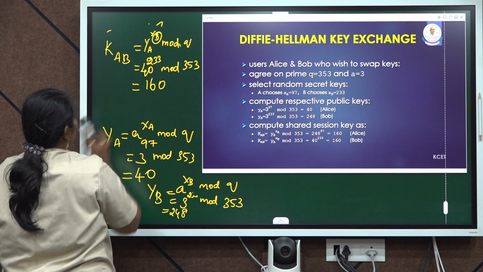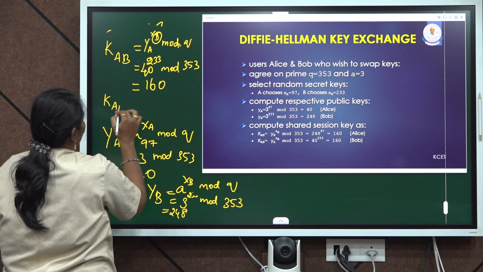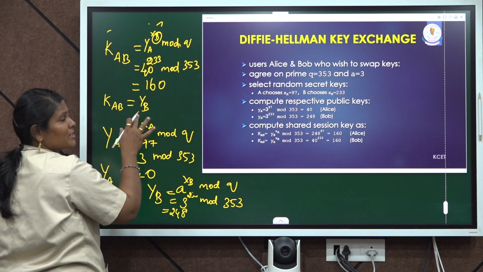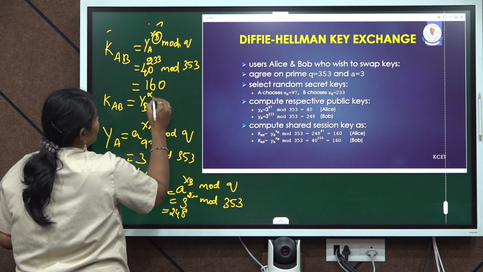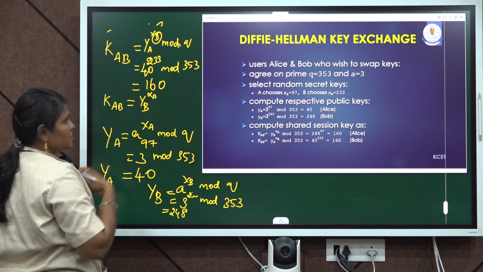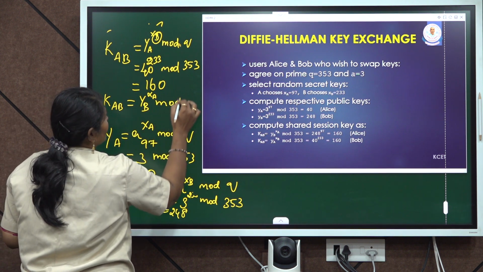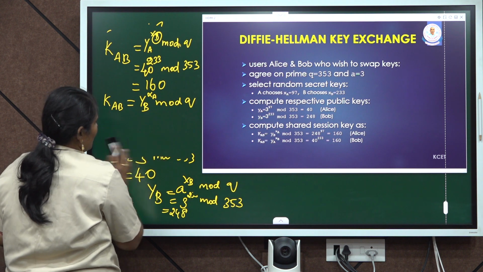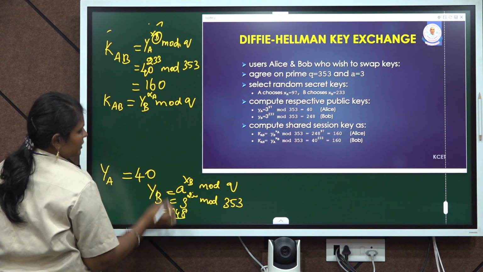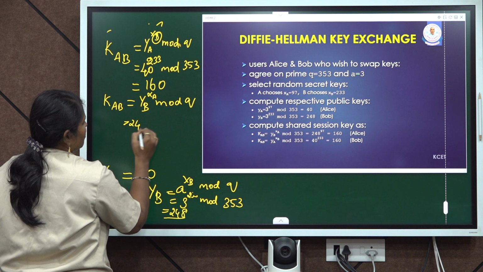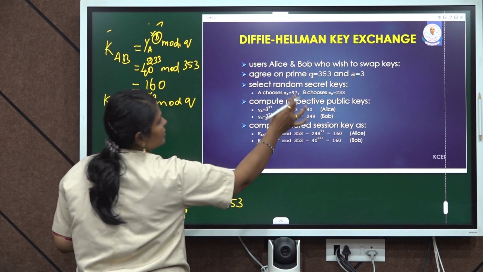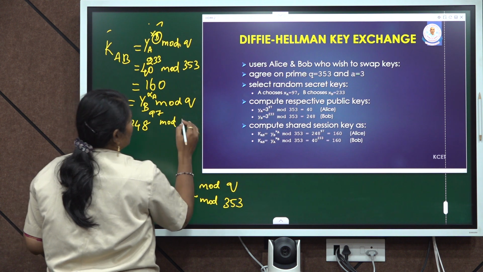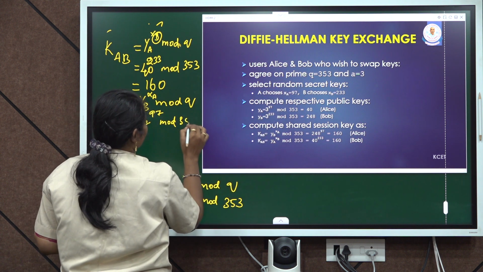For the sender, I apply the formula KAB is equal to YB, the public key of the receiver, to the power XA, the sender's private key, mod q. The YB value is 248, the XA value is 97, and the q value is 353.